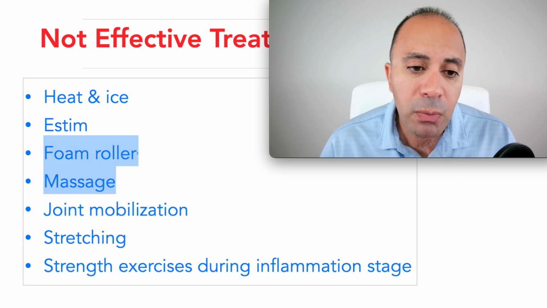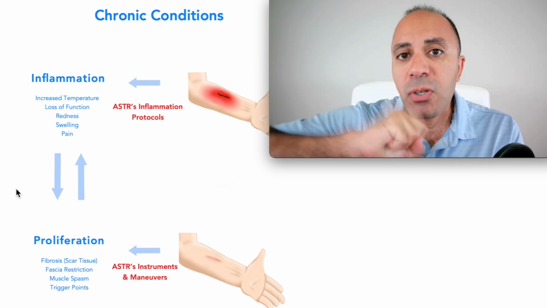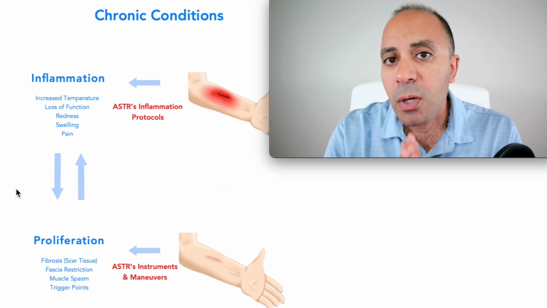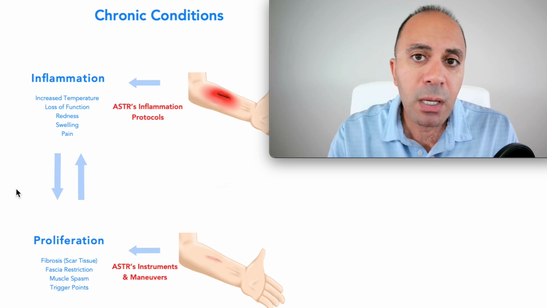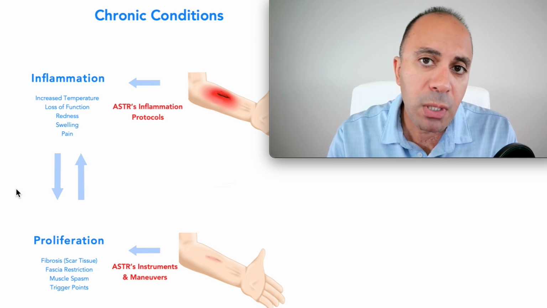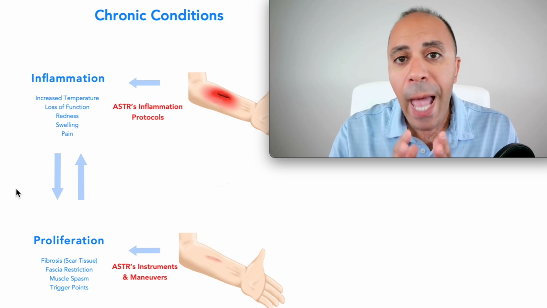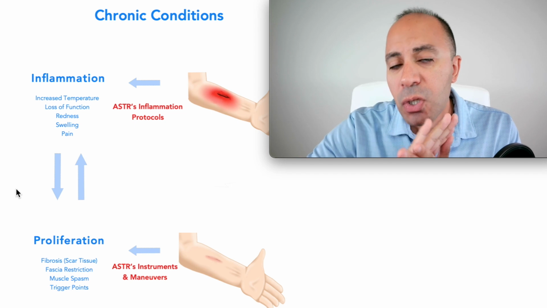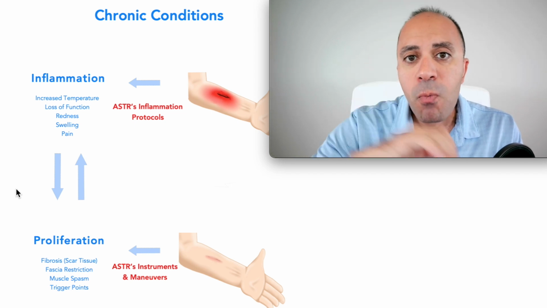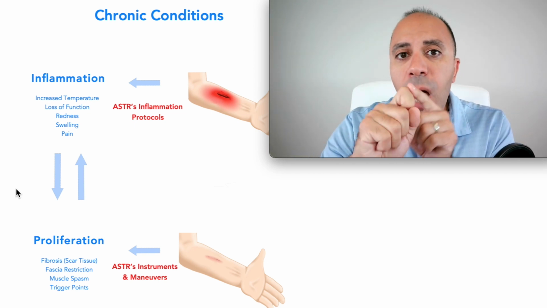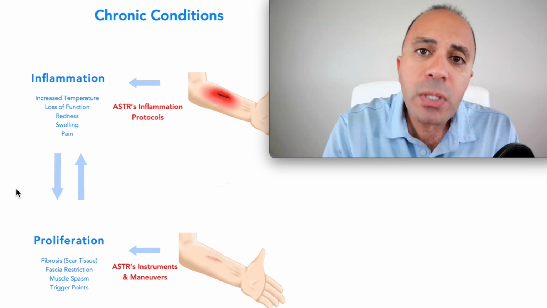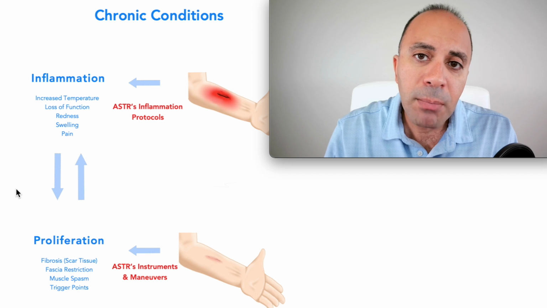The other thing that's commonly used is massage and foam roller. Think about it this way: if you have inflammation and you keep rubbing it, you're going to inflame it more. And when I go over the fascia system, it will make a lot of sense why the foam roller and the massage are not effective, because it's actually mechanically impossible for the foam roller, which works very superficially on soft tissue, or the knuckle or the hand or the elbow for massage, to go deep enough to really break the deep adhesion.